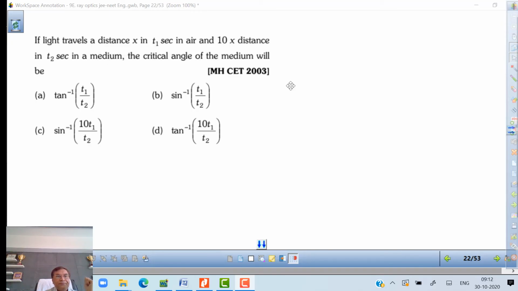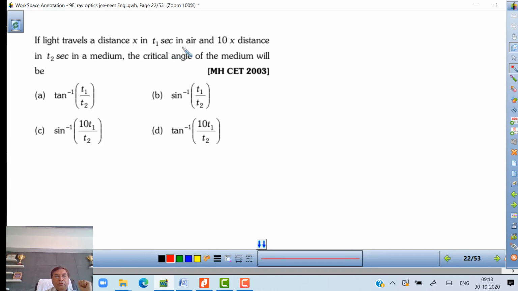A light travels a distance x in t1 second and 10x distance in t2 second in a medium. The critical angle of the medium? The critical angle is related with the refractive index. So I have to take relative refractive index, with respect to air.